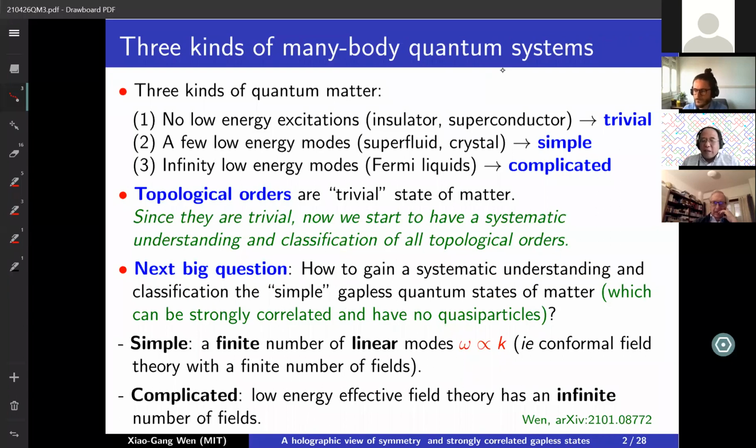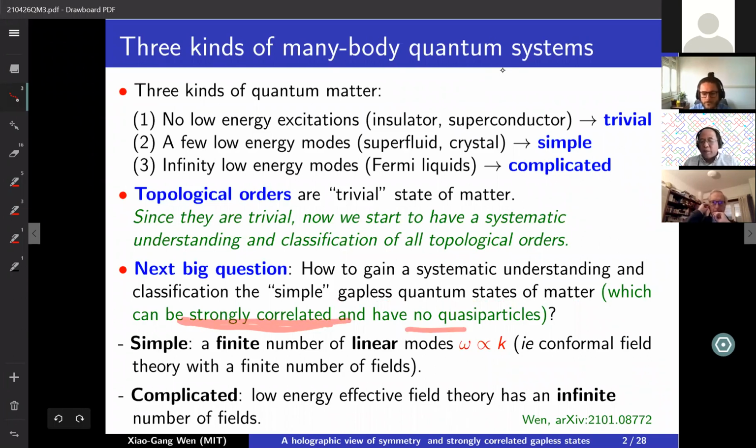Most of the gapless quantum matter we studied, like a Fermi liquid, have the property that at low energy we have non-interacting excitations. But we also have gapless states, most of them, whose low energy excitations are not non-interacting, but have a strong interaction. So we call them strongly correlated gapless states.